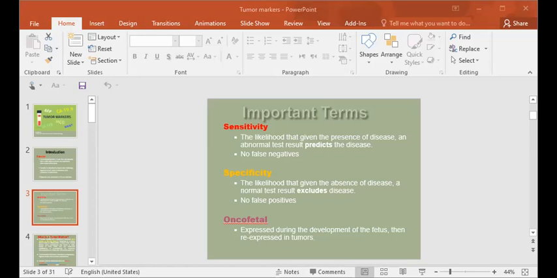They can be normal enzymes, but now secreted in huge amount due to a mass in this area or in this tissue. They can be hormones, but now secreted in huge amount due to a tumor of this specific tissue which produces it. They can be oncofetal antigens, which are normally present in the fetus, but now they began to rise again in an adult, indicating that there is a mass or a tumor, because they are normally not present in adults.